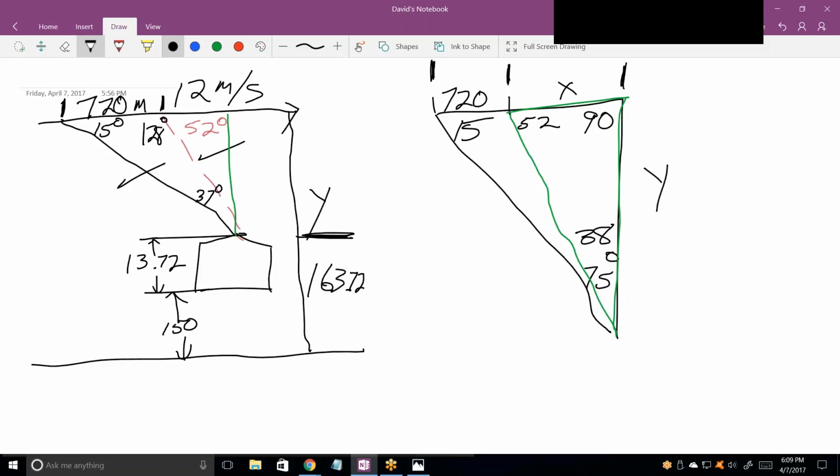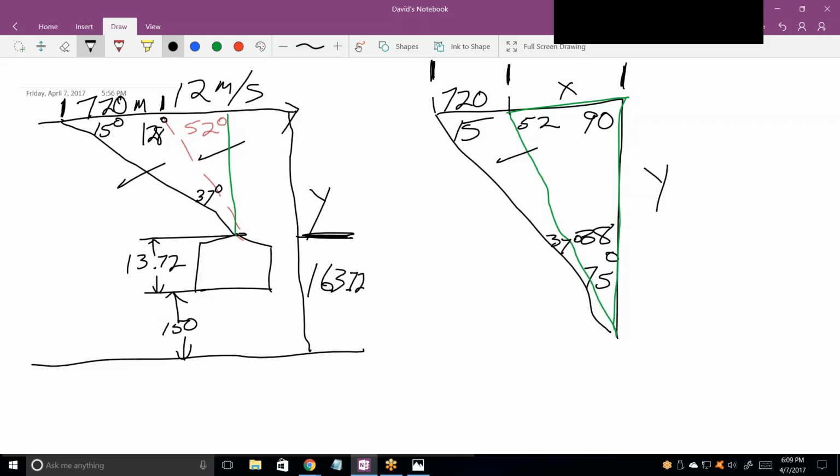But, well, hold on. Maybe we have to solve this other triangle first. Yeah, there we go. Notice that if I solve this triangle there, I'll have this green line measurement.